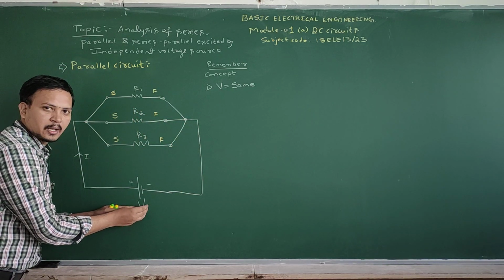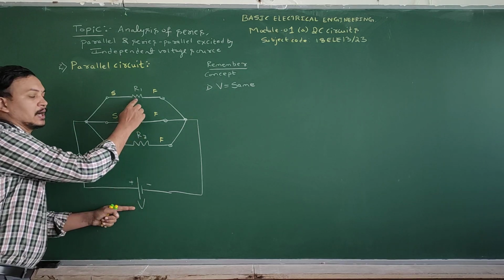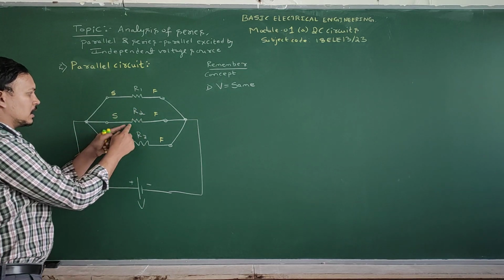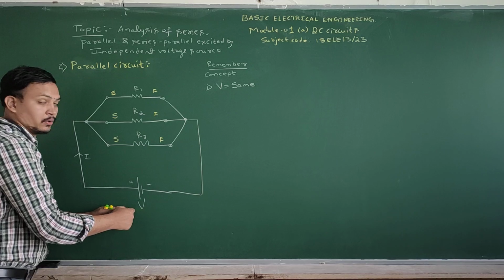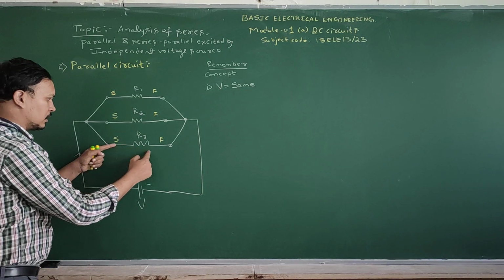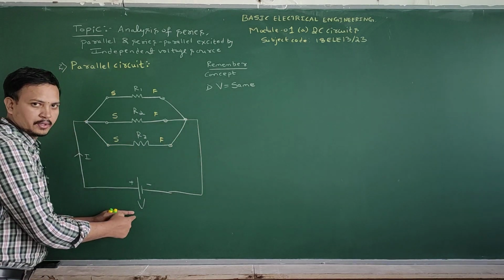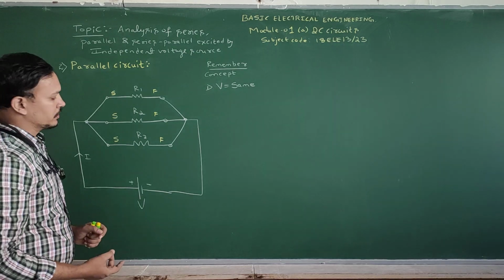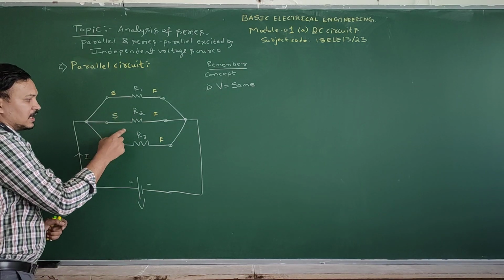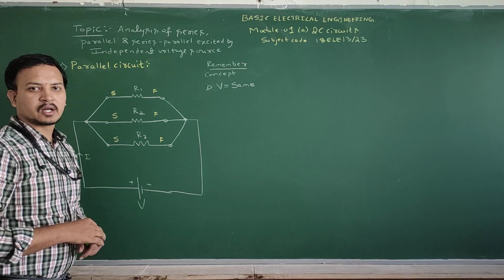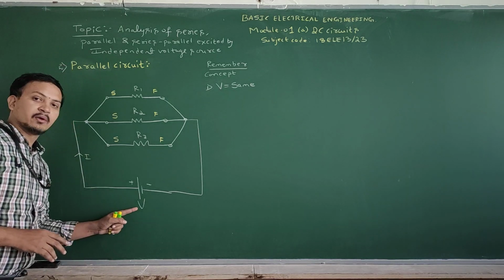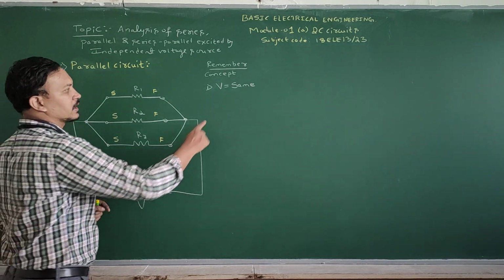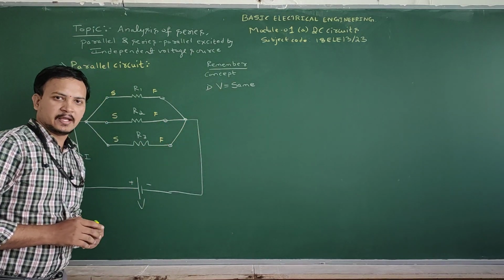How much voltage you are applying here, that voltage will come here. Similarly, R2 is also directly connected to the voltage, and R3 is also directly connected to the voltage. Therefore, we can conclude the voltage across each element in a parallel circuit will remain the same as the applied voltage. Therefore, we can write voltage is same.